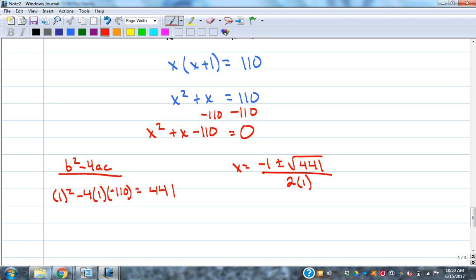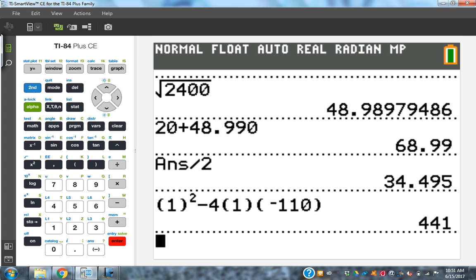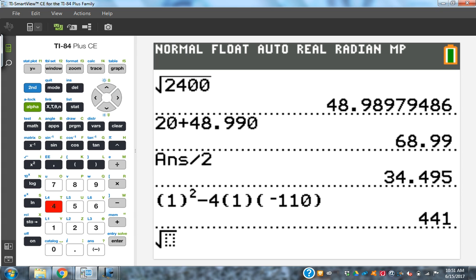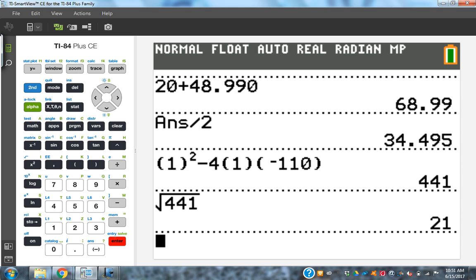So usually before I start doing the factor tree for a number, especially when it's a larger number, like anything over 100, I try with my calculator to get the square root, to see if it is a perfect square. I don't have them all memorized, so I don't know for sure. I think it may be, though. It is. 21 squared is 441.